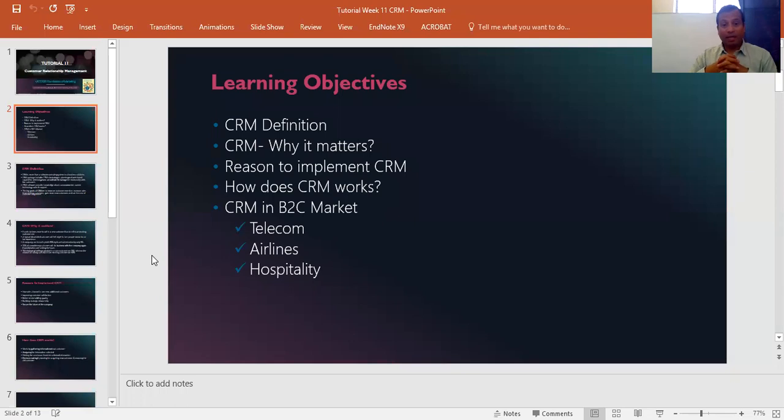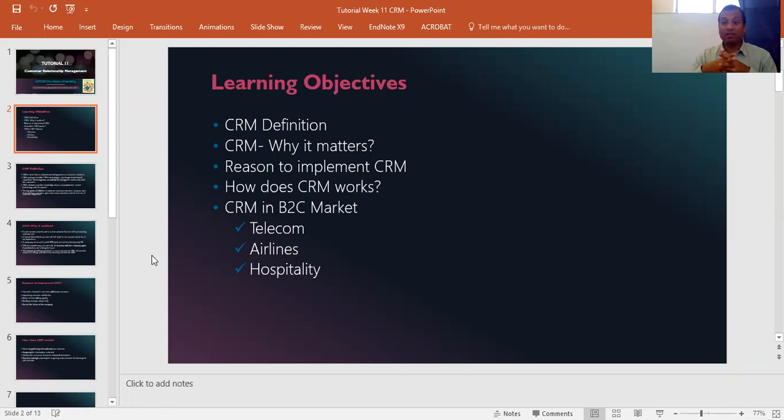Followed by, we will have a discussion on how CRM works. Probably we will not go too much technical, but I will let you know. All the discussion will be, we'll try to have a balance between the theoretical understanding as well as the practical concept, practical relevance of the term CRM or the relevance of the tool CRM.